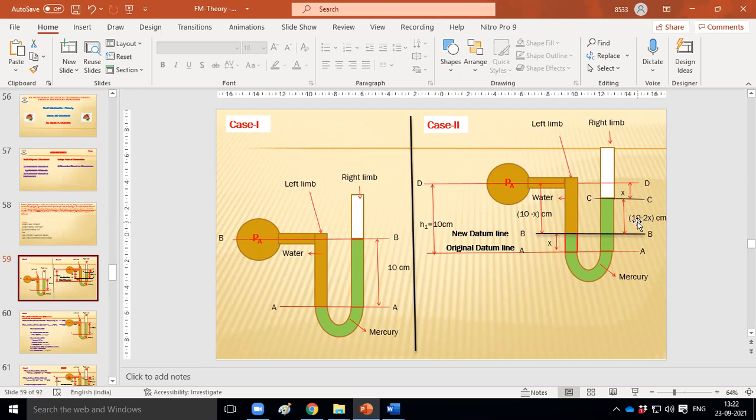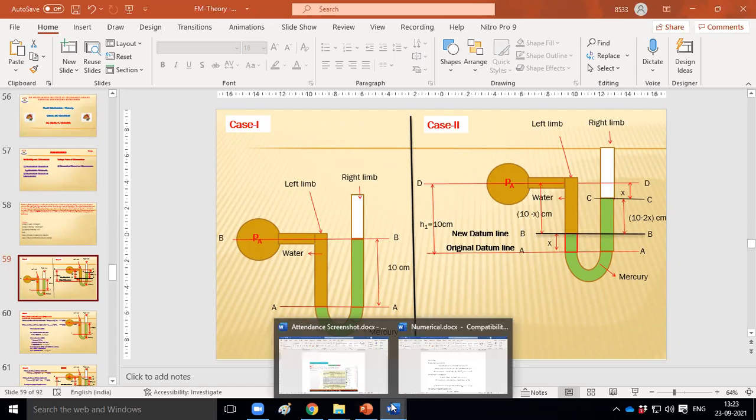Level difference of mercury, 10 minus 2x. We need to find the value of 10 minus 2x. Initially, we find the value of x, and then take the difference, 10 minus 2x. So we get the value of the level difference of mercury. Is it clear? Yes, sir.